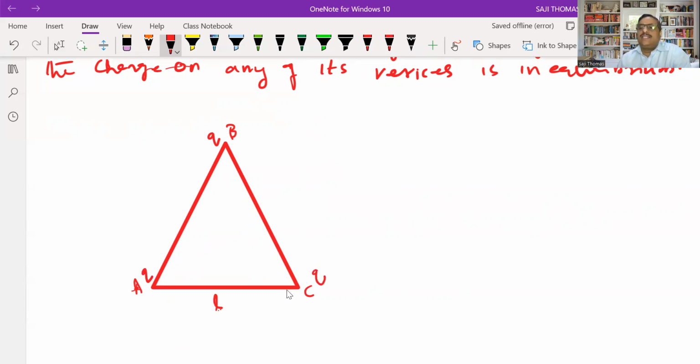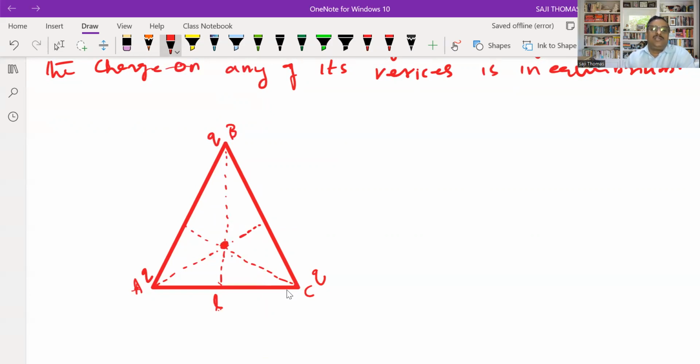Now you are placing a charge at the centroid. You know what is centroid? You have to draw medians from each vertex to the opposite side. And these medians will meet at a point, that point is called the centroid. So this point is the centroid.